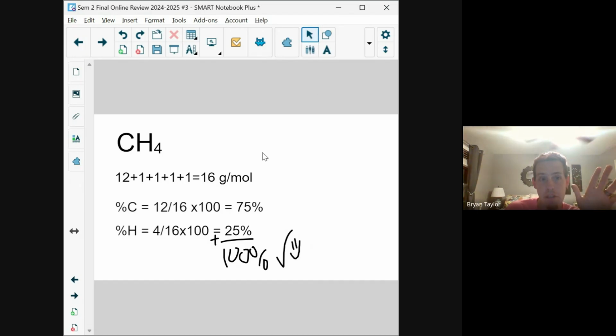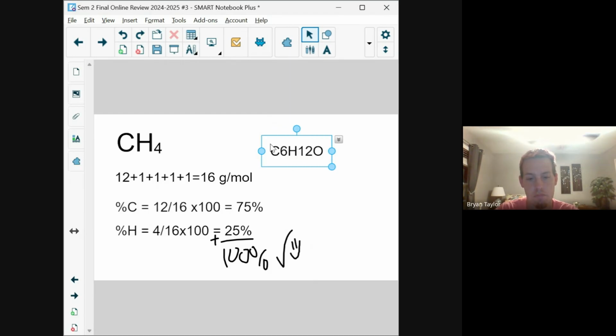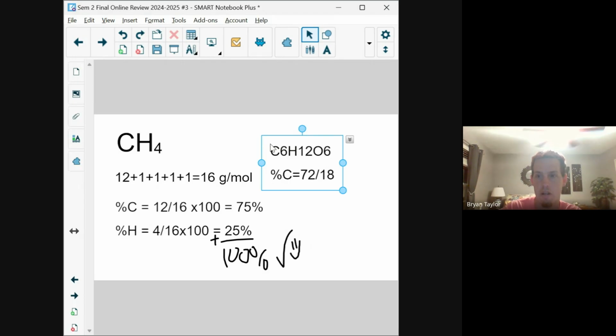And you do the same thing, even if it's bigger, you do the same thing for every element. So if you have glucose, you would do the same thing. The percent of carbon is 72 divided by 180 times 100.